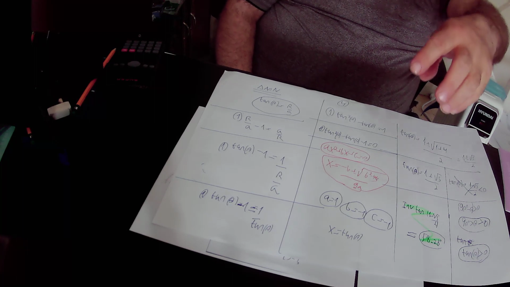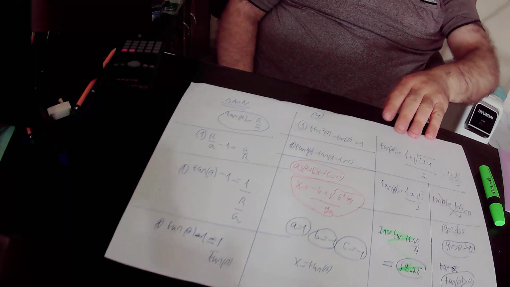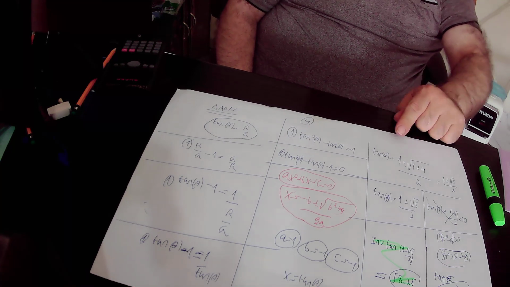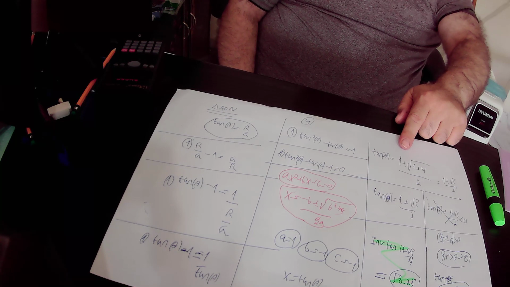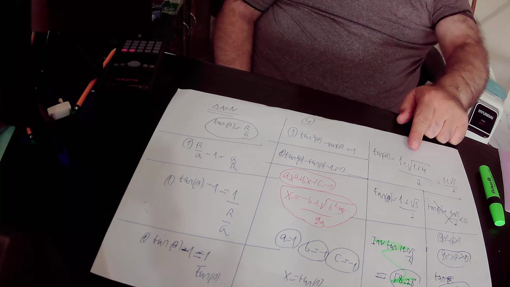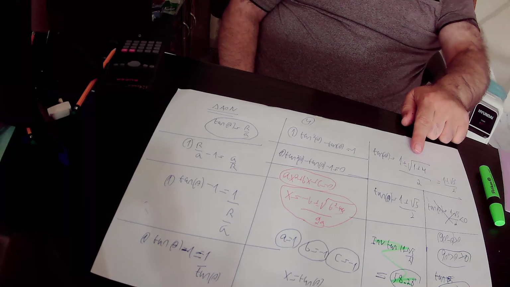So we put the data into the formula. Tangent theta equals minus b, and since b equals minus 1, minus b is 1, plus or minus the square root of b squared minus 4ac.